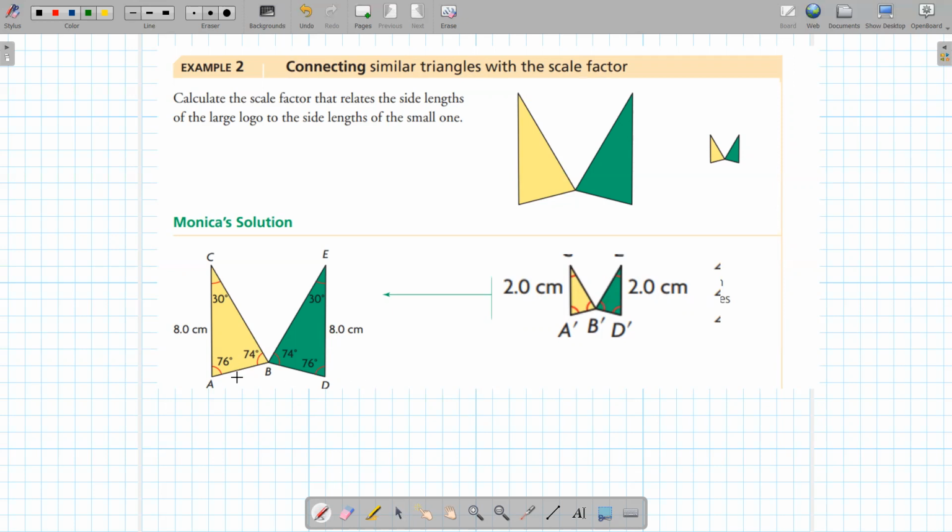Right, so if this was 6, what would this be? If the base of the bigger triangle is 6, what's the base of the smaller triangle? 1.5. Correct. And there we go, easy as that.